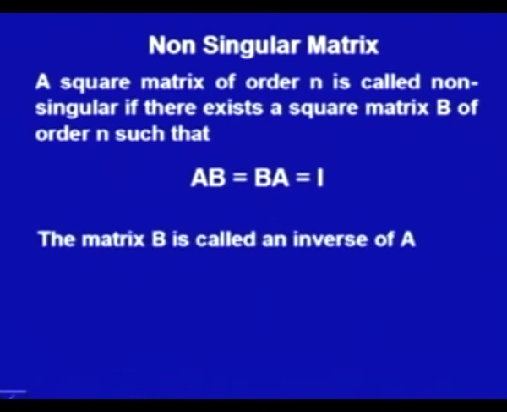In that case, I say that matrix B is an inverse of matrix A. So, if such a matrix B can be found, then the matrix A is called a non-singular matrix.